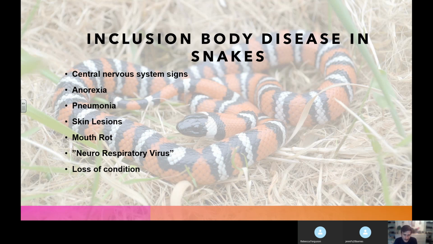And for as long as that snake is going, it poses a risk to other animals. And so for any respiratory infection, ideally, if the funds are there in a boa or a python, we should be testing these for certain viruses, and certainly inclusion body disease, arenavirus, would be well worth testing for.